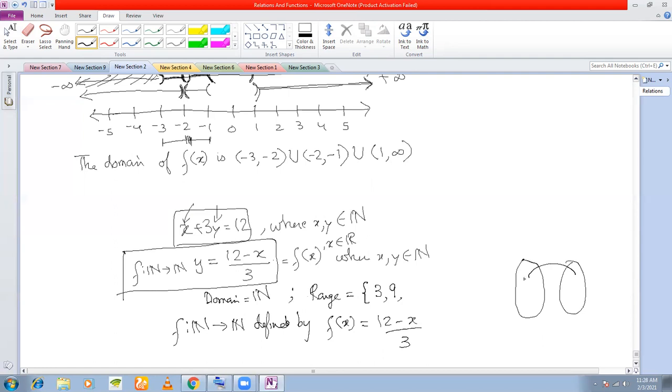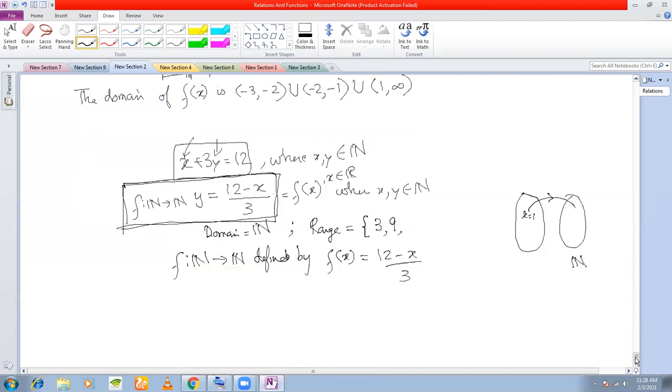So for x equal to 1, are you getting an image in the codomain set? No, you're not, because this is a set of natural numbers. So that means this is not a mapping. This is not a function at all. Understood? This may be a relation, but this is not a function. Yes, it is a relation, not a function.